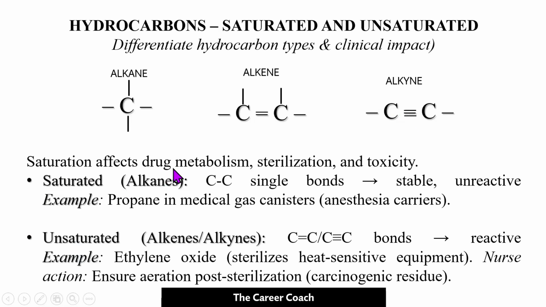Saturation affects drug metabolism, drug sterilization, and toxicity. A simple understanding of why alkanes are saturated is that they have single bonds on all sides, but the alkenes have double bonds at some sides. So saturated hydrocarbons, for example, are the alkanes.